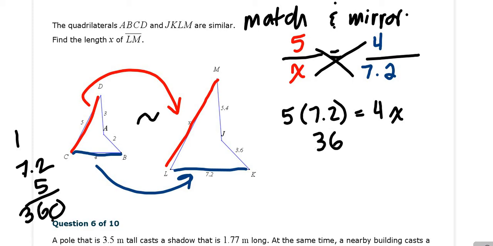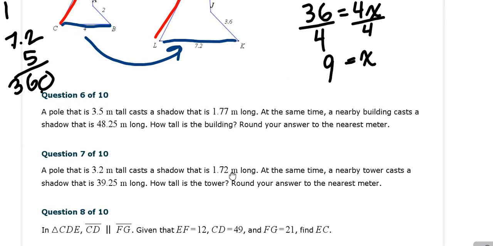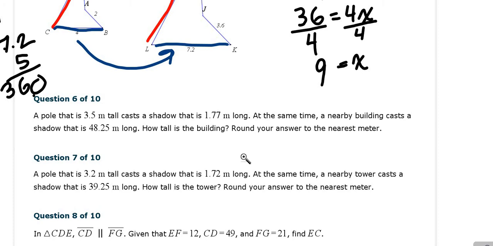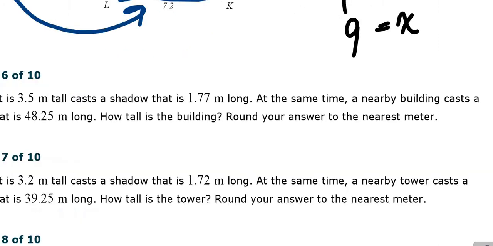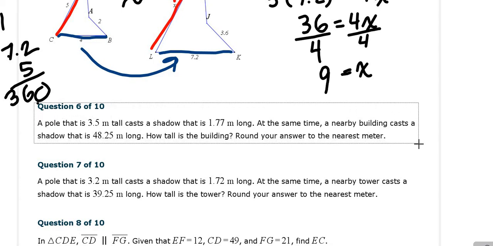Ends up being 36. And our unknown here is 9. Match and mirror. I'm going to take a picture of this and get extra space here.